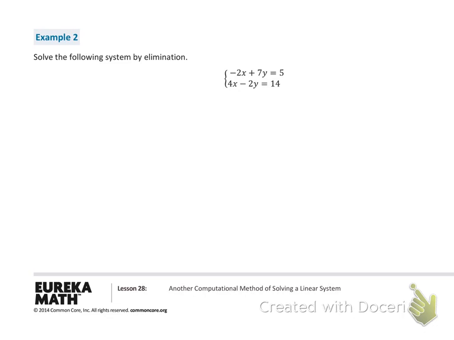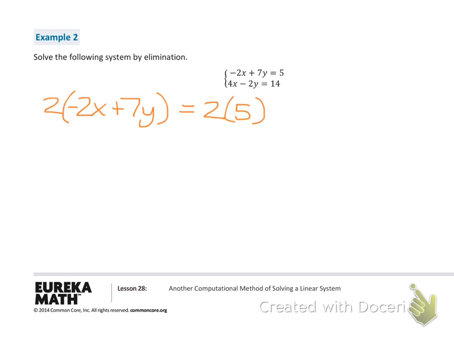So what I'm going to do first is get an equivalent equation. If I multiply the first equation, both sides, by 2, and I'm doing that because I want to get the opposite of 4, you'll see in a minute. So I'm going to take 2 times negative 2x plus 7y, and that's equal to 2 times 5.